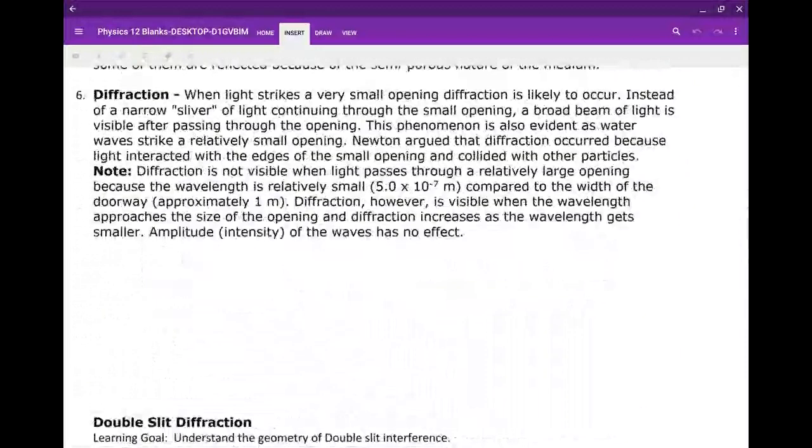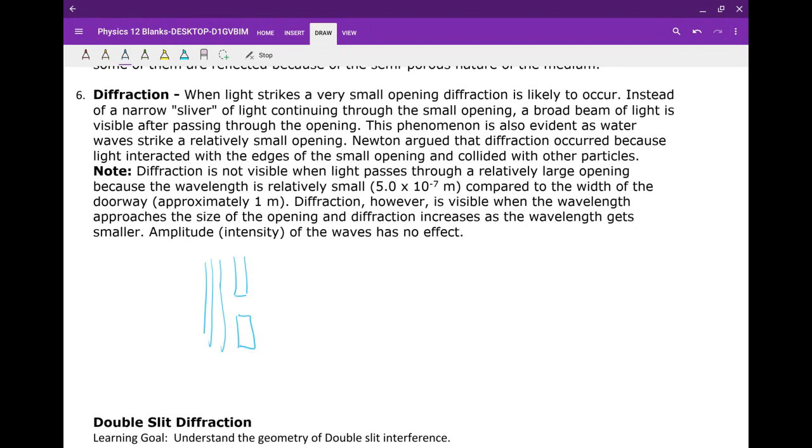So what we're going to talk about right now is diffraction. And that's basically when light ends up going through a slit, where a straight wave front comes in and hits a little sliver between two pieces of plastic or metal or something like that.